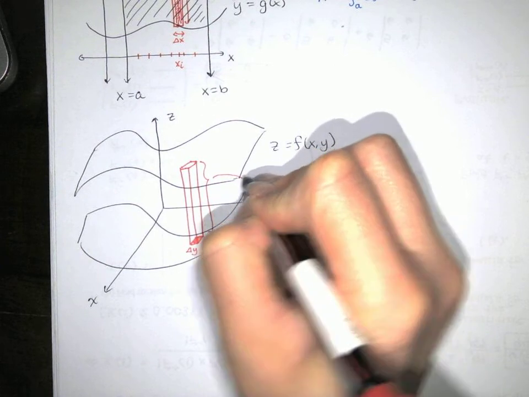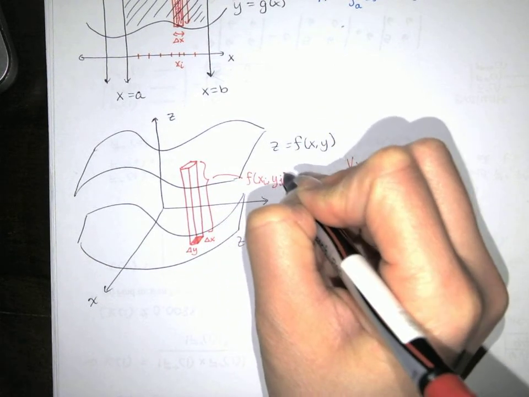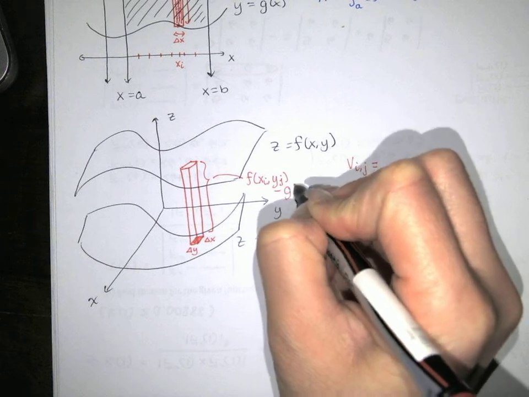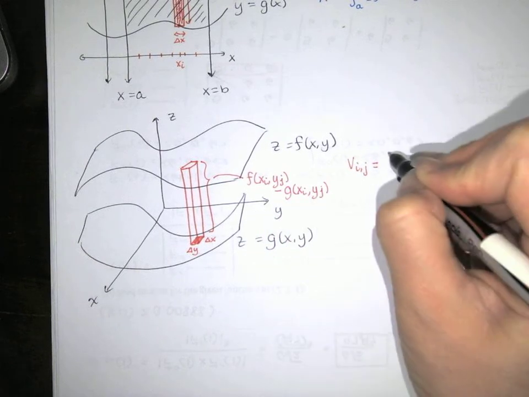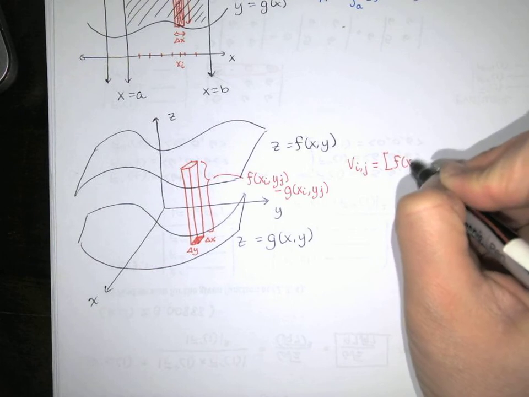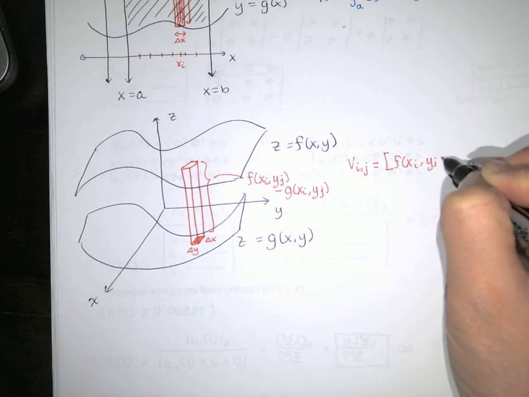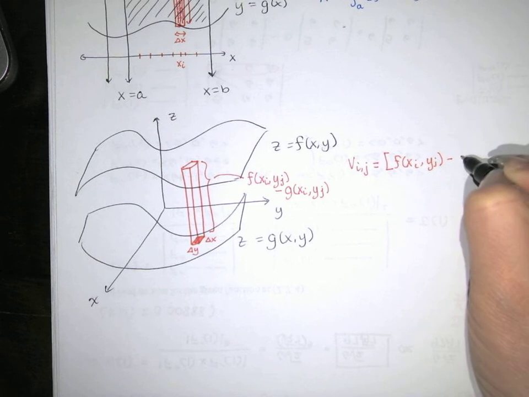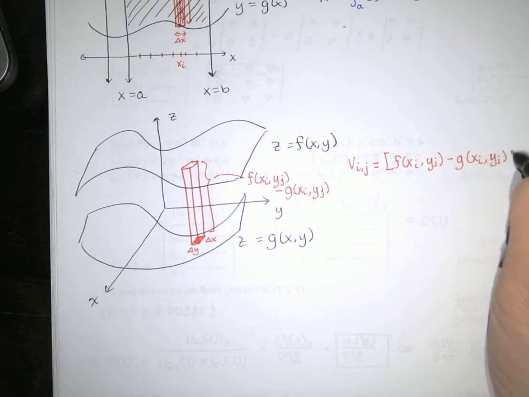So the height of this is f of x sub i, y sub j, minus g of x sub i, y sub j. So we get the volume is length times width times height, which is the difference between the two z values, times delta x times delta y.